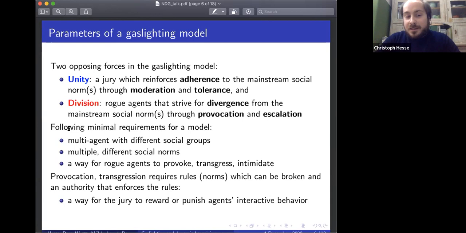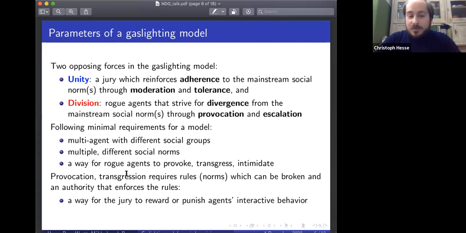So we need at least the following minimal requirements in the model. It needs to be a multi-agent simulation with different social groups. We need to have different social norms, at least two, one positive, the other negative. And then we need to have rogue agents that belong to one of the social groups, but use some mechanism that resembles provocation, transgression, or intimidation.